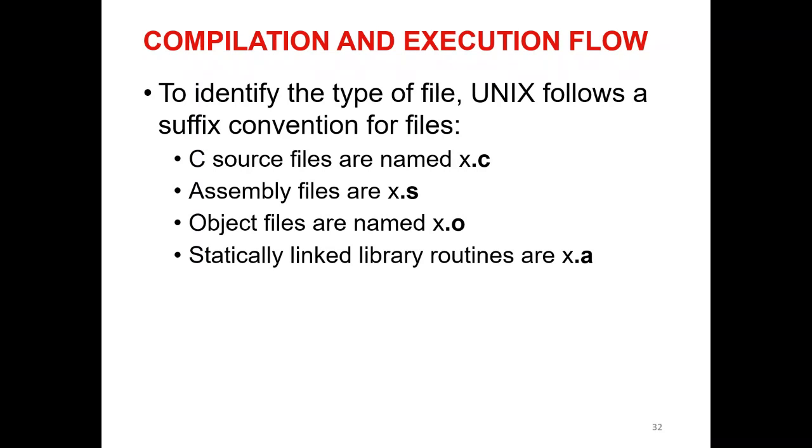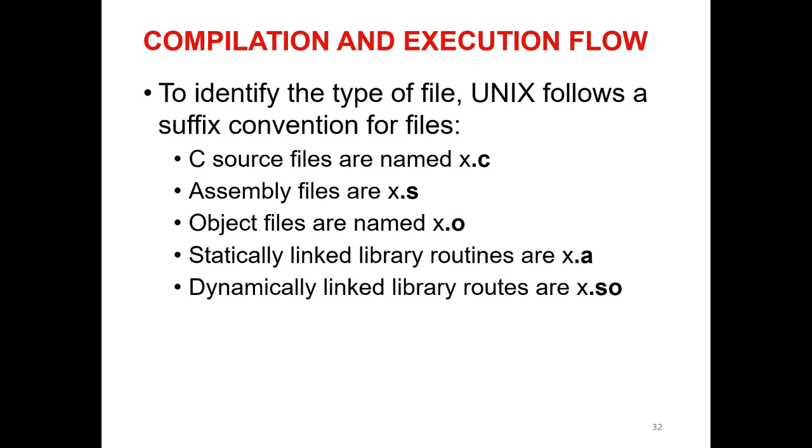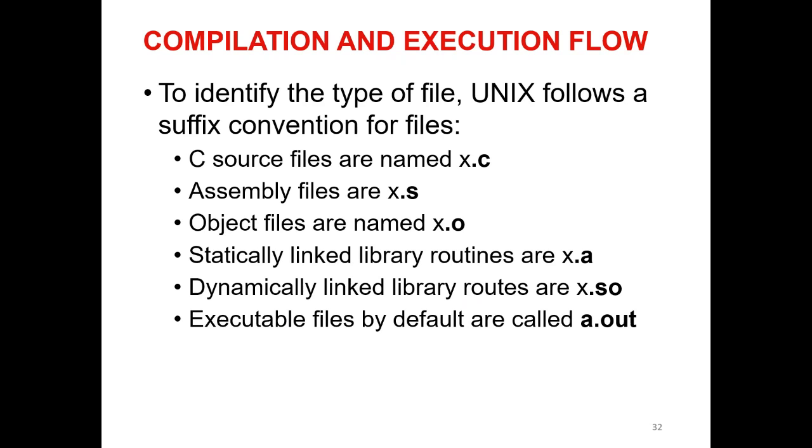For the linked code it will be .a. We are going to see now the difference between static linking and dynamic linking, but the extension for those files is different. In the case of Unix, the executable by default is called a.out, but usually we give the executable the same name as the source file without extension.